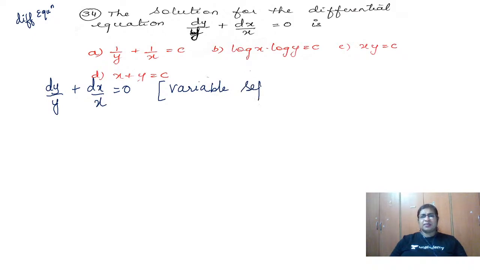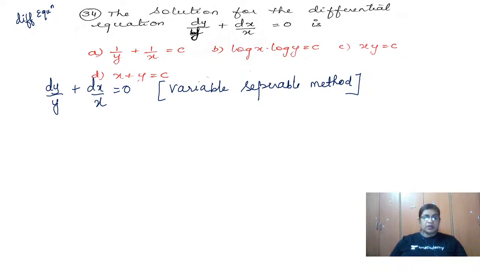Very easy this is, because if the variables were not separated, then we had to take LCM and bring to the other side and separate them. But here you find dy and y are together, dx and x are together, so already the variables are separated. Now how do we proceed here? I integrate both the sides.